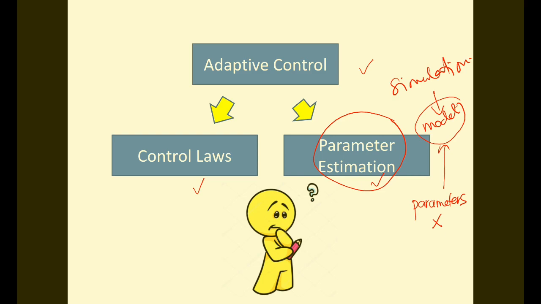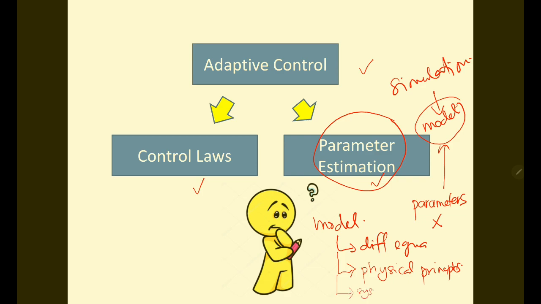The model can be in the form of differential equations, or it can be developed from physical principles, or we can find the transfer function by using system identification, and we call it a black box system.